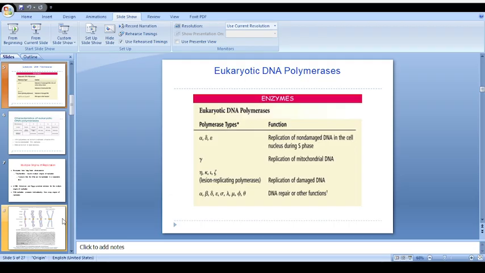They are responsible for replication of damaged DNA. Totally we have alpha, beta, gamma, epsilon, sigma, lambda, mu, pi, psi, as well as theta. They are referred to in the DNA repair mechanism, and we will see the role of DNA repair in the following video.